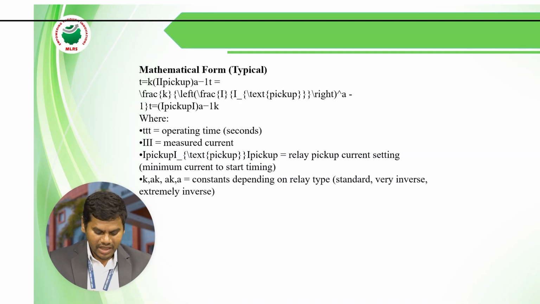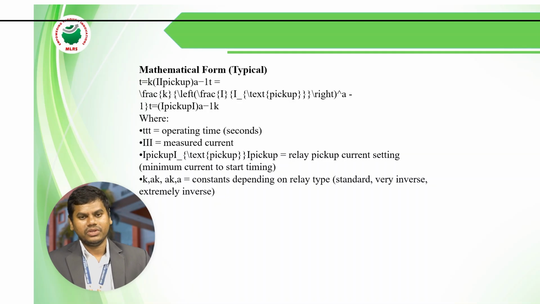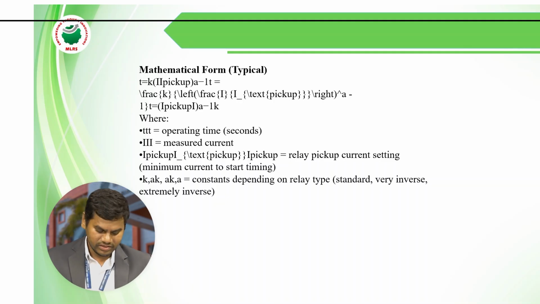Next, a is a constant depending on the relay type. We have many types of relays: standard, very inverse, and extremely inverse.